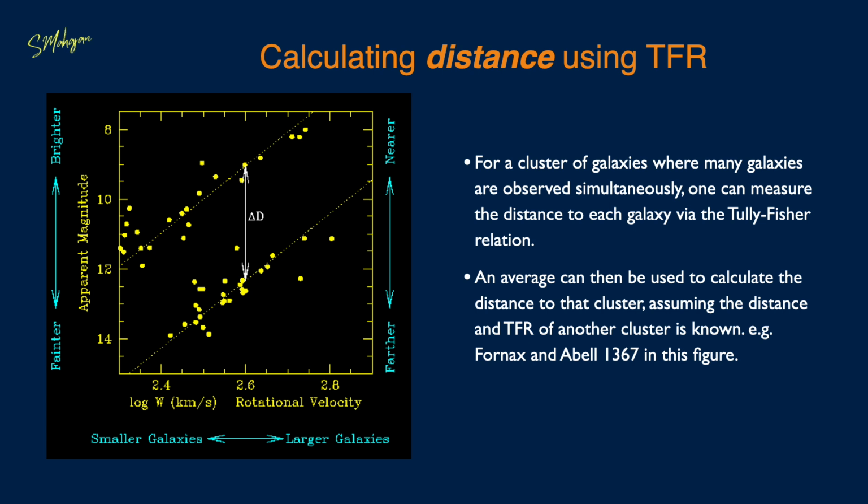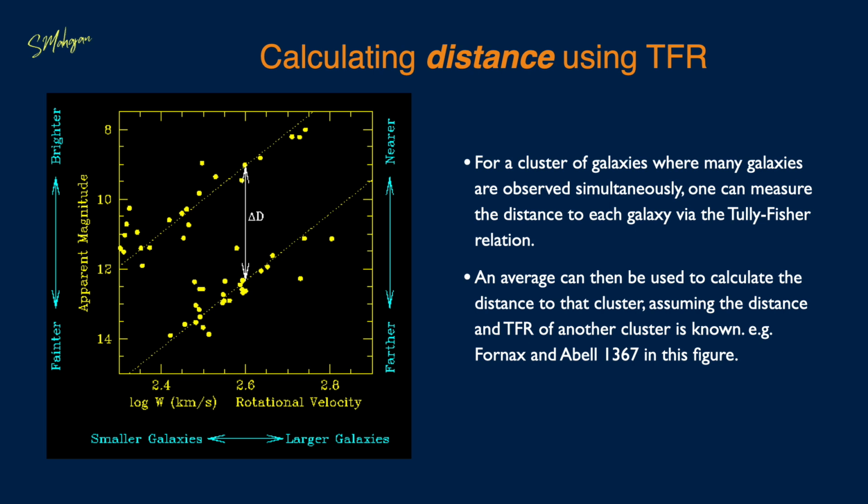The further away is the cluster of galaxies, more the Tully-Fisher relation is shifted downwards on this diagram. For instance, here Tully-Fisher relation of two galaxy clusters at different distances are shown.